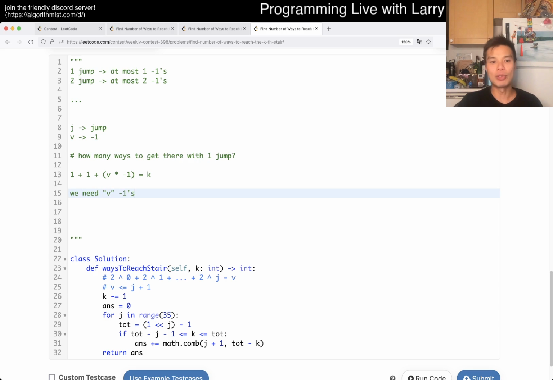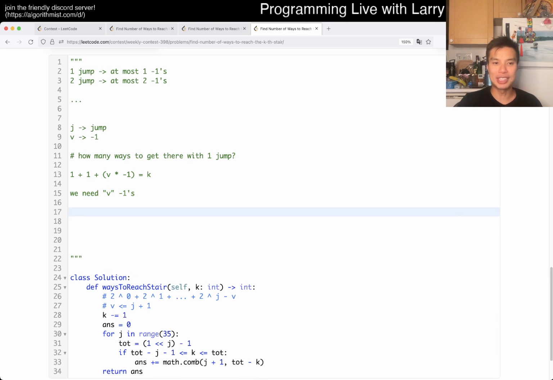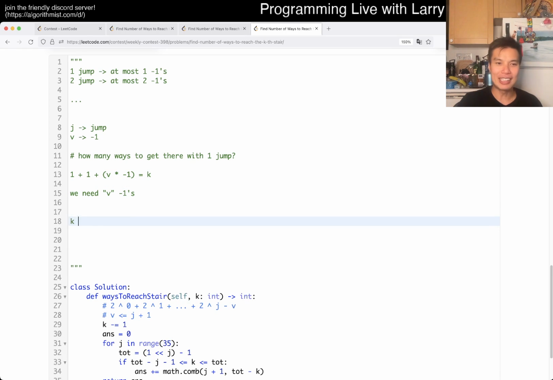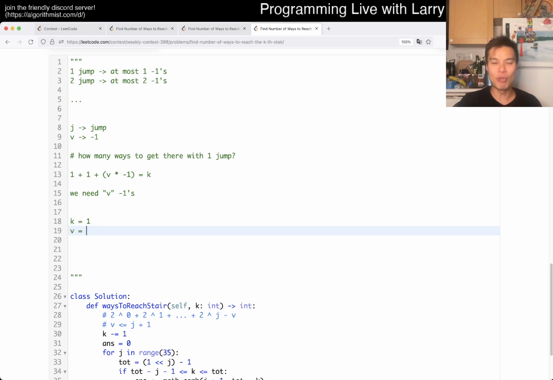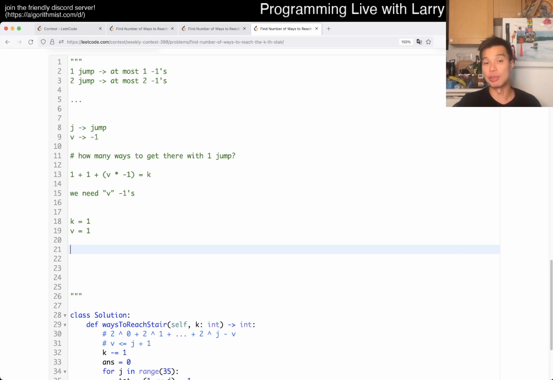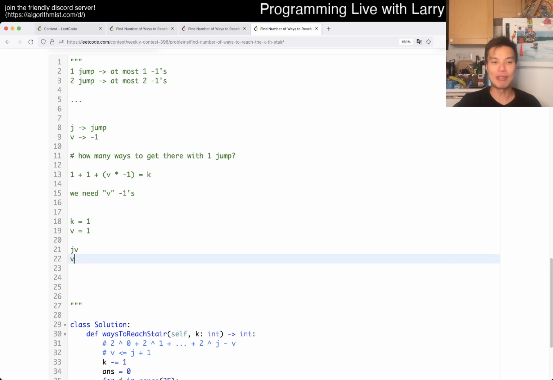So now the rest of the problem just becomes a combinatorial one. Let's say we have j and v's, and let's say we have one v. Maybe let's say k is equal to 1, so v is equal to 1, and now we have two combinations, right? Because we have jv and we have vj. You always have this j, and you're just trying to figure out where to put the v's, and in this case there are 2 of them.